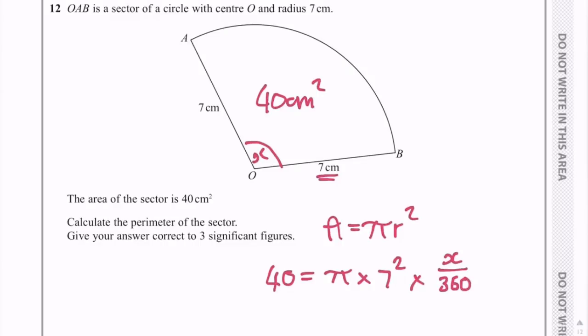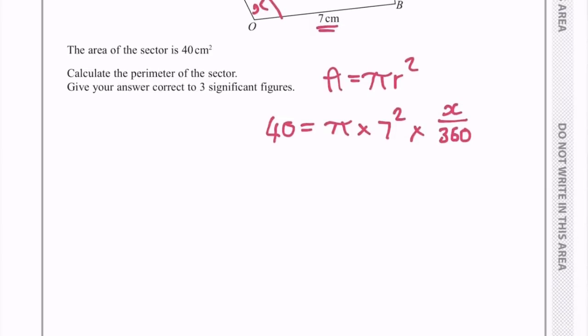So I can actually just rearrange this equation, and that should tell me what that angle is, and I'm going to keep that as accurate as possible. If I first divide both sides by pi times 7 squared, I can do 40 divided by pi times 7 squared, and that equals x over 360.